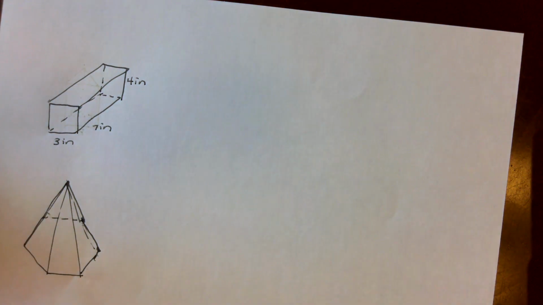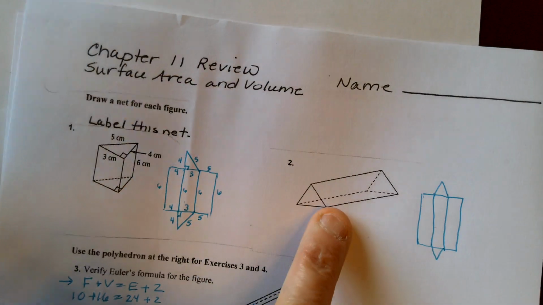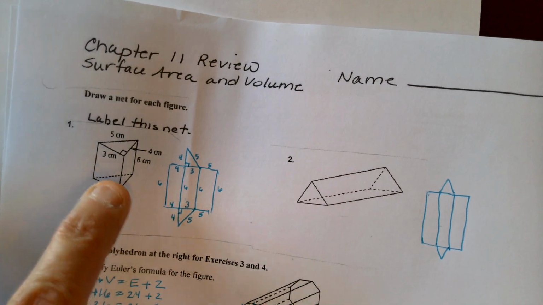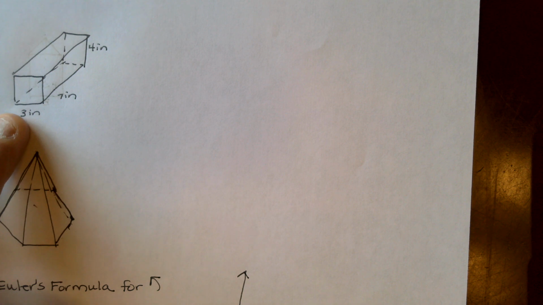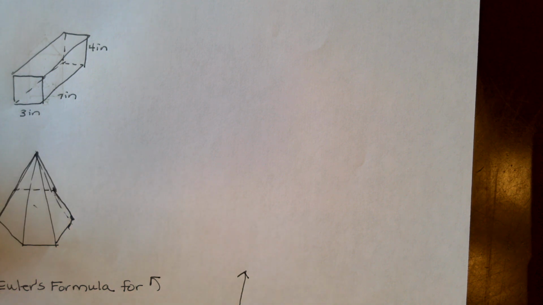First up, I want you to draw, on the review, they only had triangular prisms, which I didn't think was a real good review for drawing. I wanted to make sure you could do a square prism and you knew how to draw a pyramid as well.